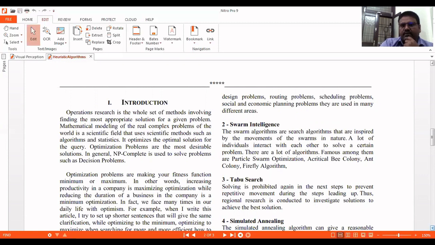There are a lot of famous algorithms among them: particle swarm optimization, artificial bee colony, ant colony, and firefly algorithms.